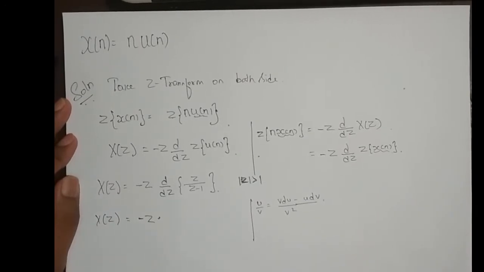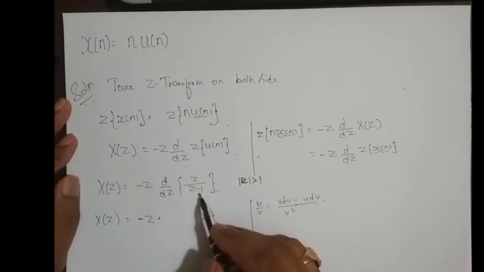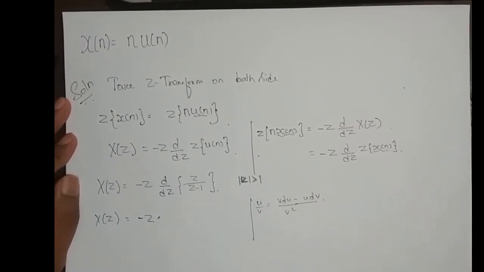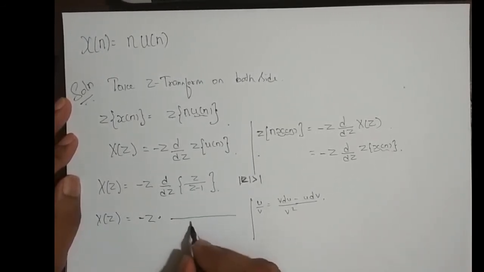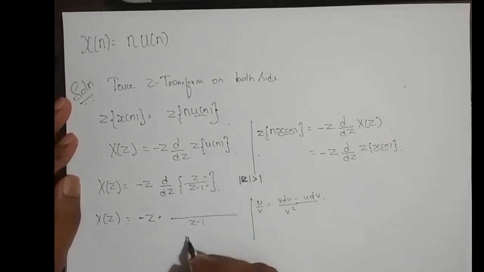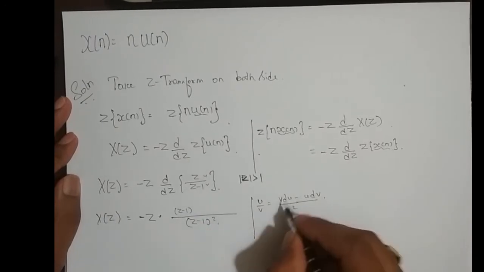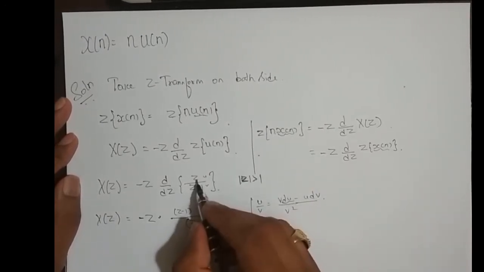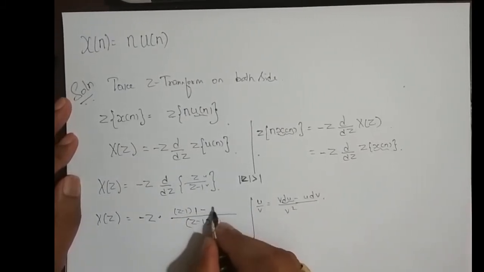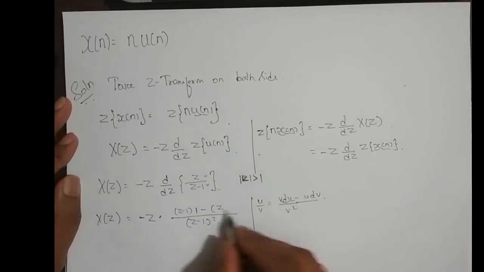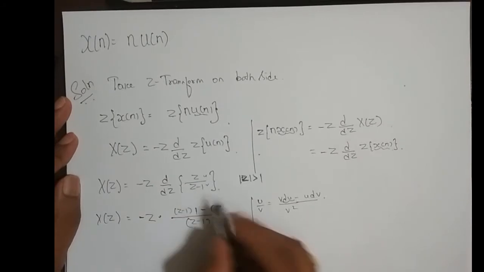Since both numerator and denominator have a z term, we apply the quotient rule. Here u is z and v is z minus 1. The differentiation of z with respect to z is 1, and the differentiation of z minus 1 with respect to z is 1 minus 0, which is 1.